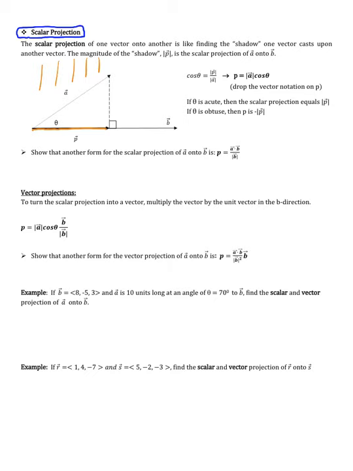So A, even though it's a vector, and later on it's going to represent, say, a force, is getting projected onto what we would call a displacement vector B, and that shadow, because it only falls perpendicularly, would stop here. And we're going to start with looking at the scalar projection. So this P is not a vector yet. It will become one, but right now it's just going to be a scalar.